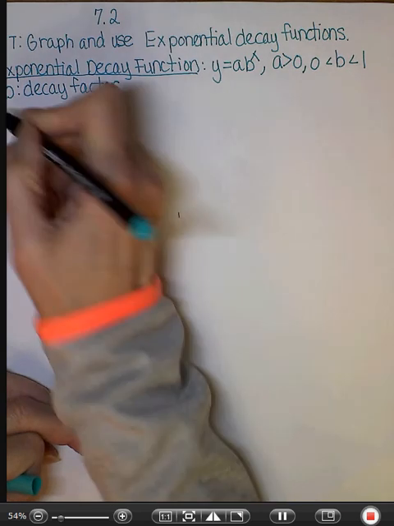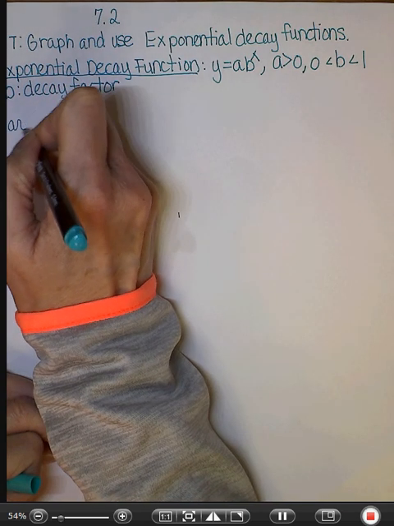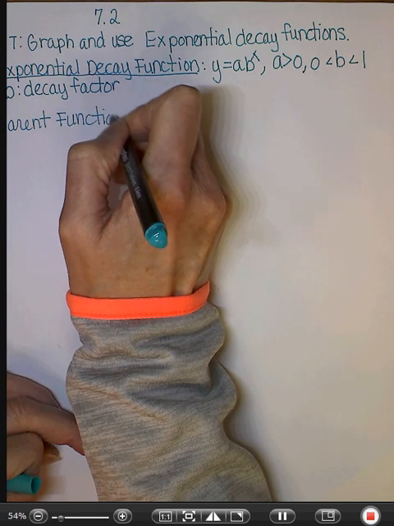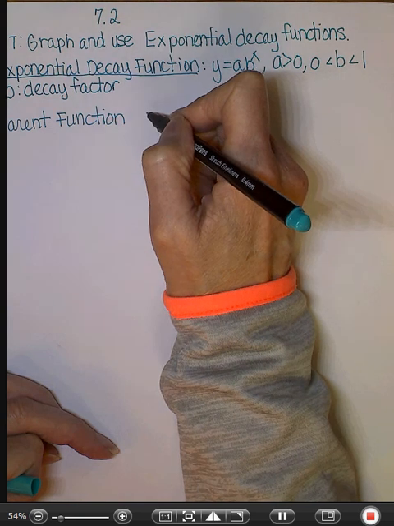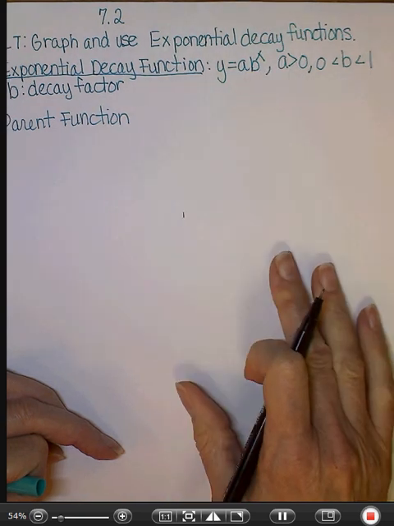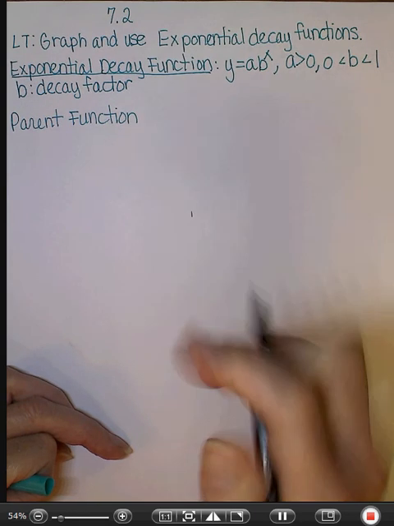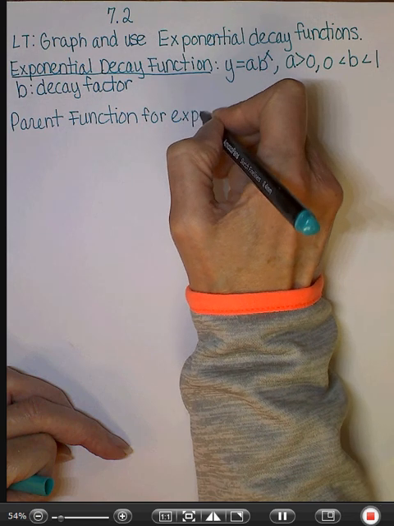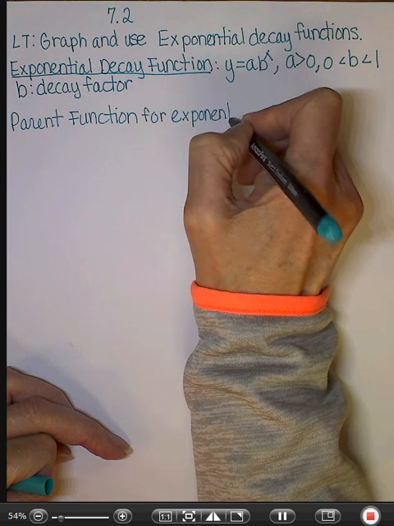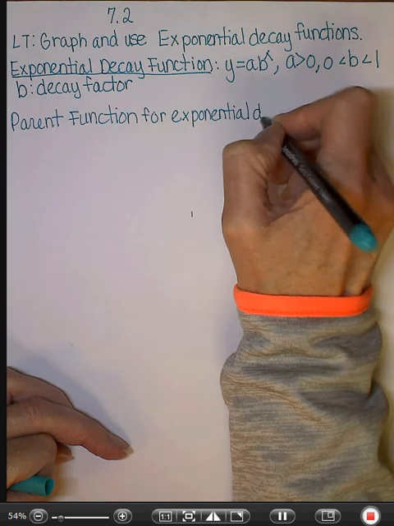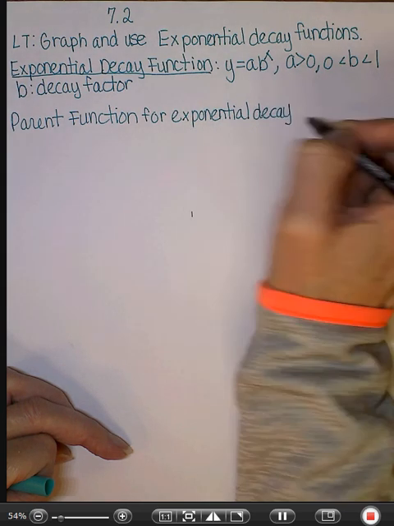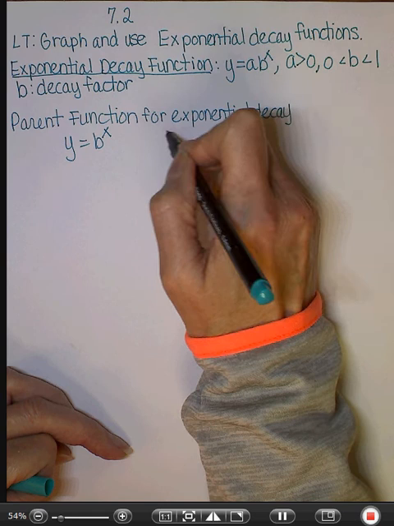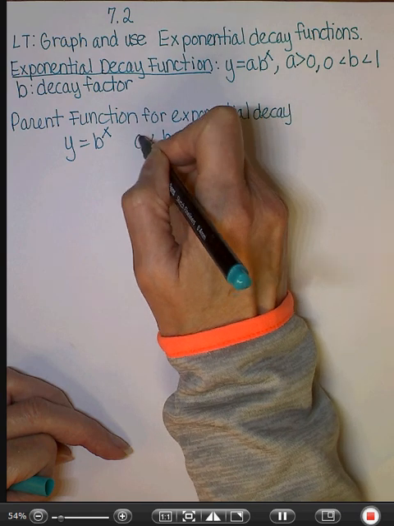Alright, so now we're going to graph, so we're going to look at the parent function again. This is the parent function for exponential decay. The very most basic one looks the same again, but this time our b value is between 0 and 1.